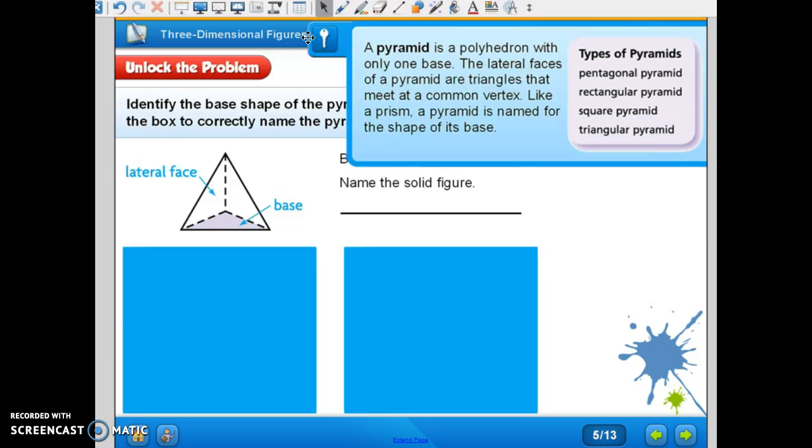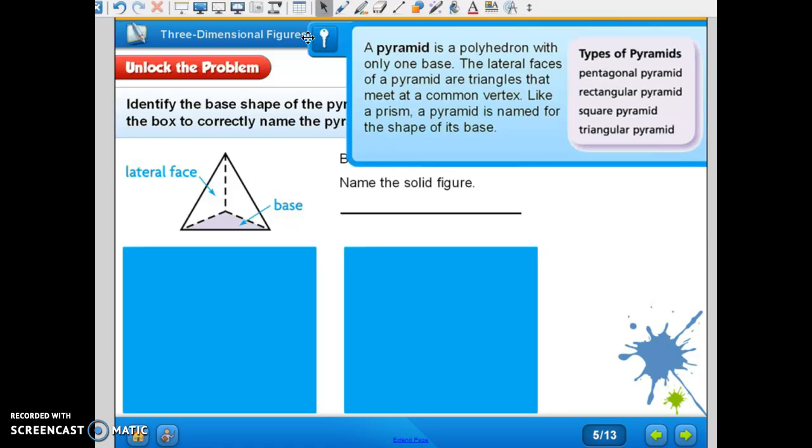The prism has two bases, and the pyramid has one. The lateral faces of a pyramid are triangles that meet at a common vertex. Remember, a vertex is where those lines come together. So the lateral faces of a pyramid are always triangles, and they come to a point at the top at one vertex.